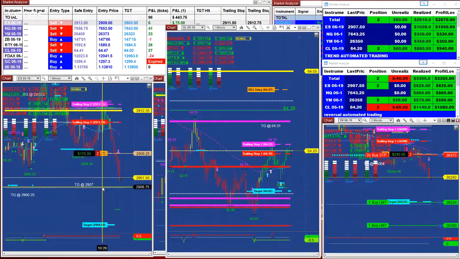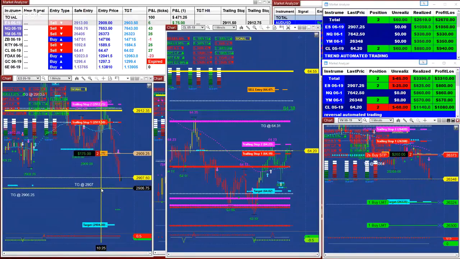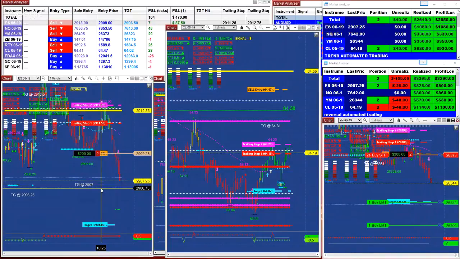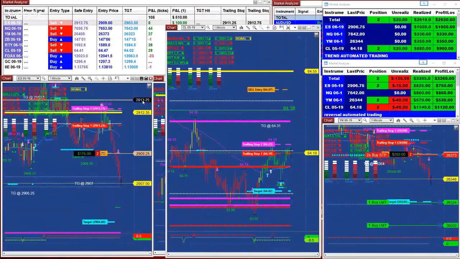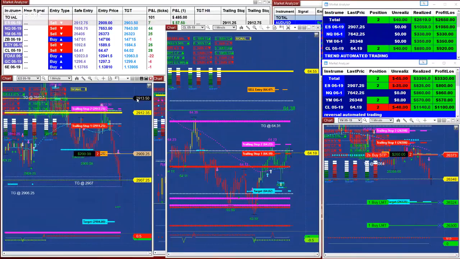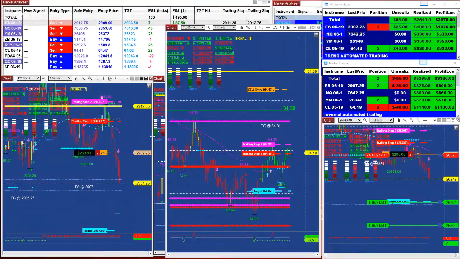This is where we told you to make sure that you mark it on your chart, because if you are on that trade, now you have around $300 on that trade on the YM. This is a very good start on a Friday.